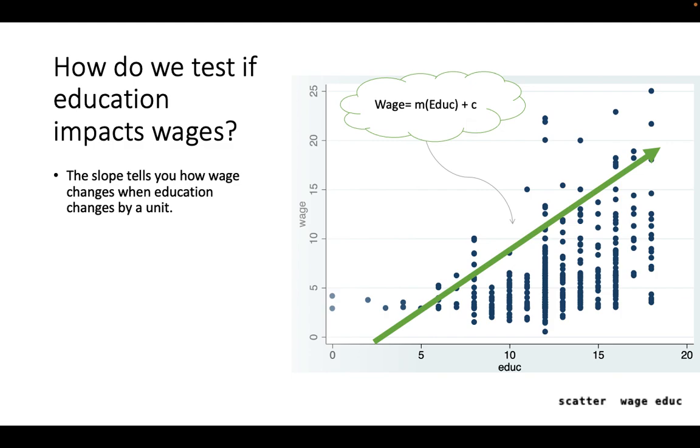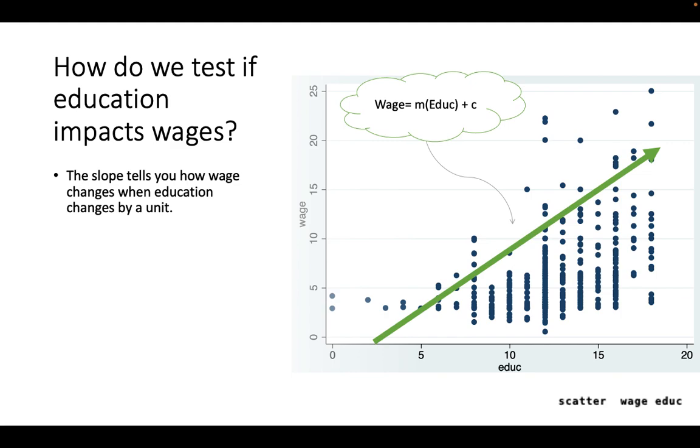Based on this red line that I've made, the m would be a positive number, and whatever the value of m is implies that as education increases by 1 year, wages would go up by the value of m, which is the slope over here.